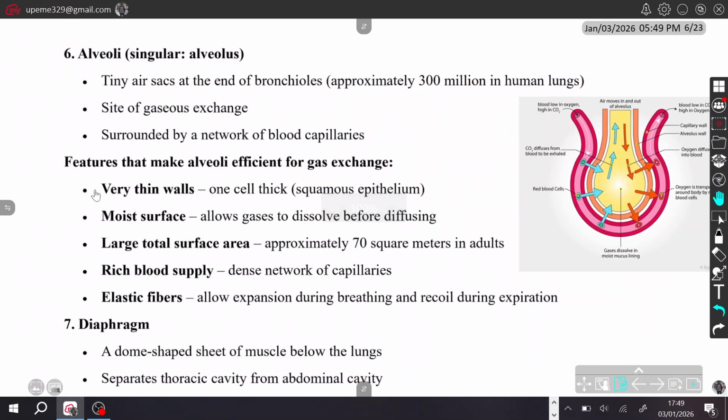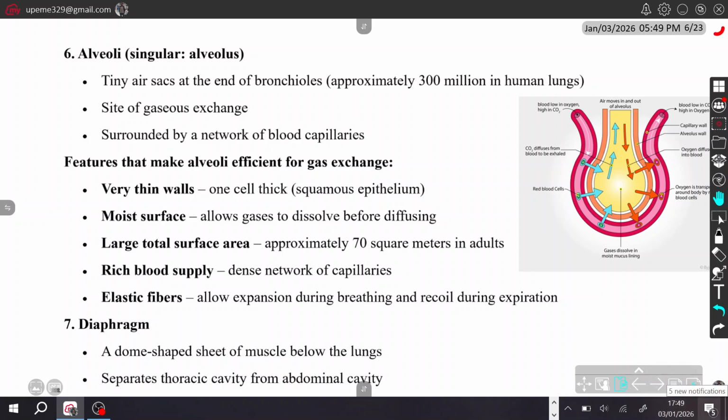Okay. So, features that make the alveolus efficient for gaseous exchange. If we are saying that the alveoli is a site for gaseous exchange, what makes it so special to be that site?